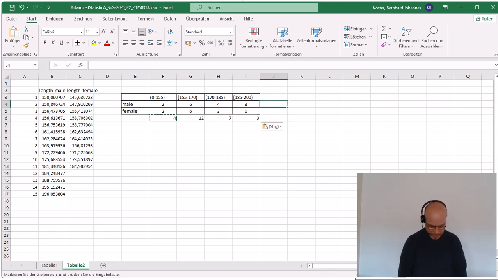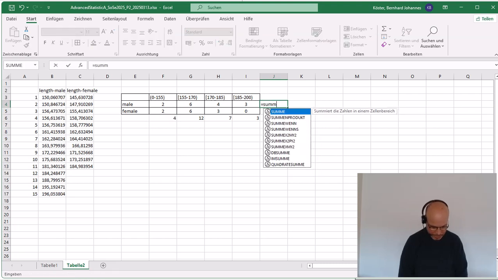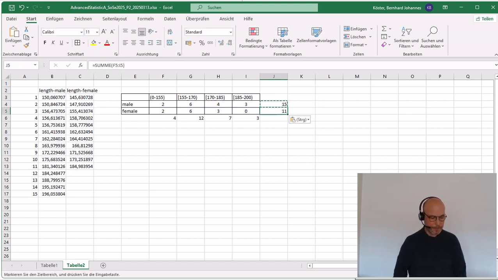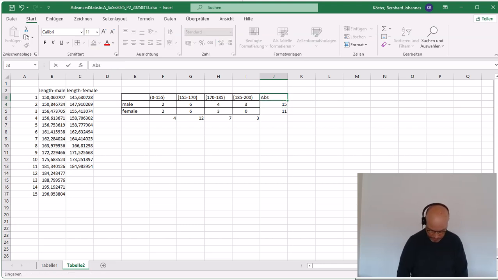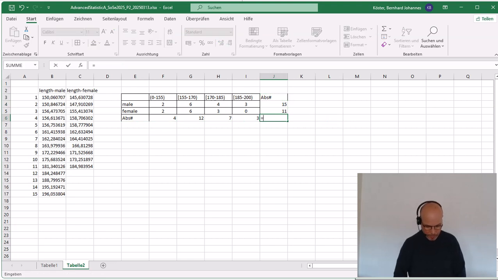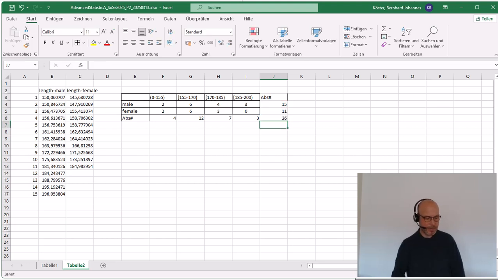And this means we also take just the sum here. So this is then the absolute number. And this, of course, is my overall number, 11 plus 15.